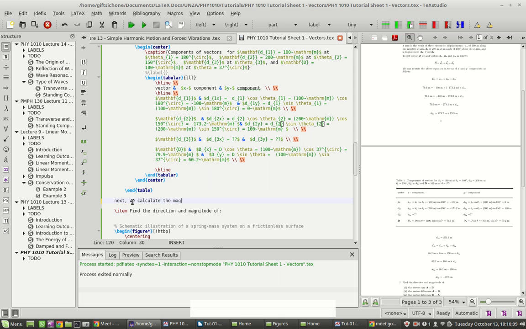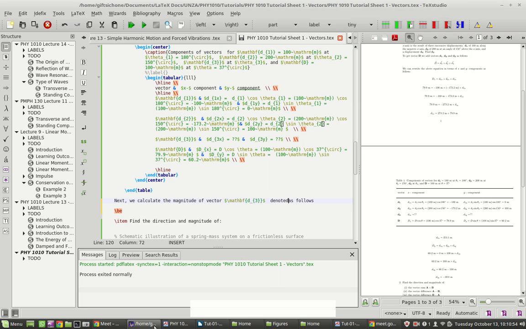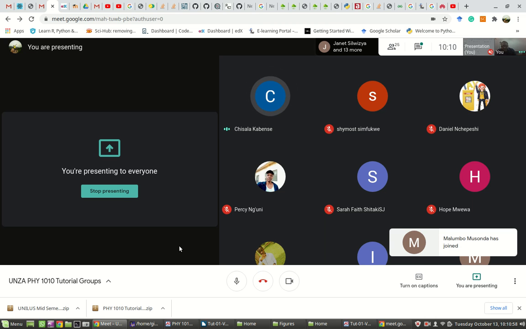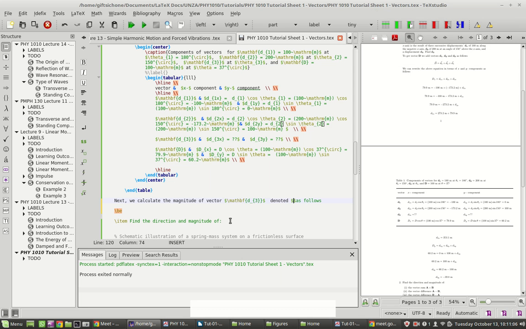How do you work out the magnitude of a vector?